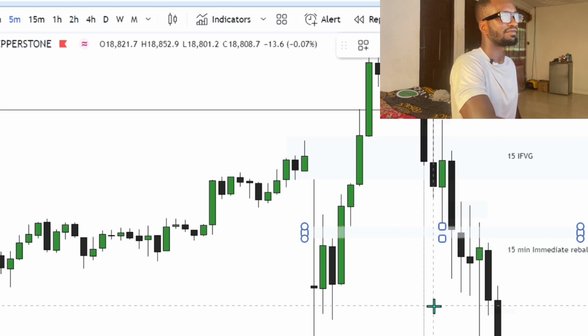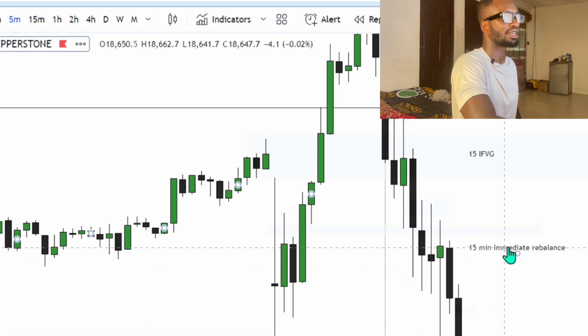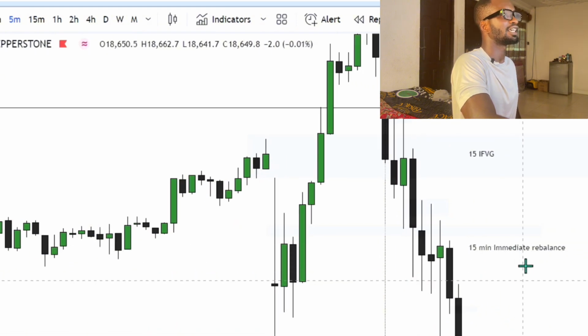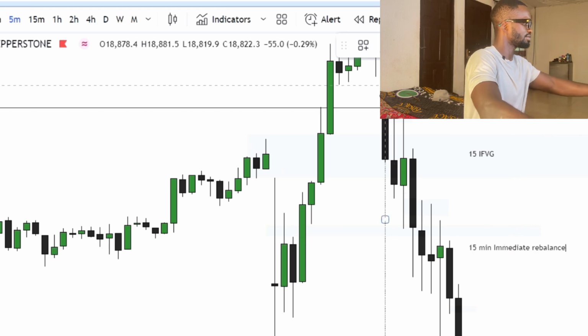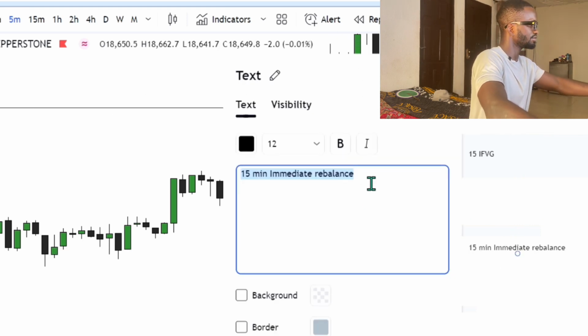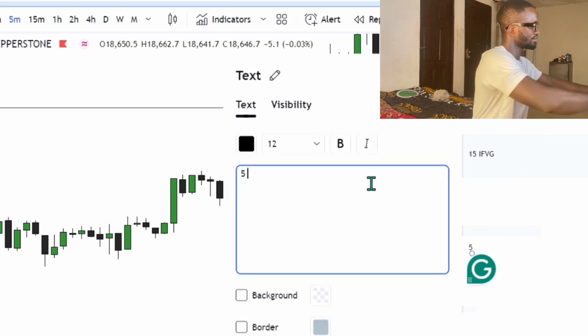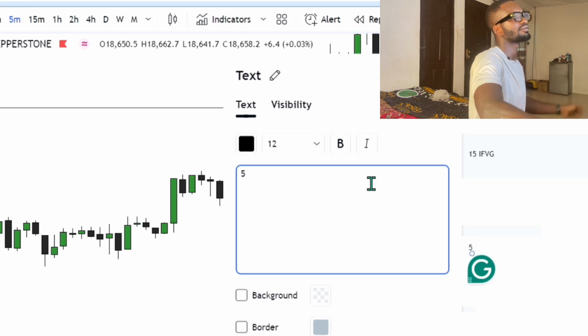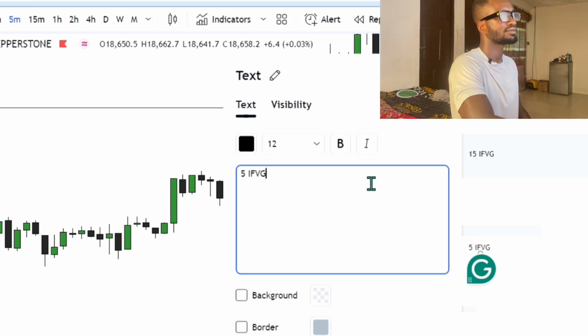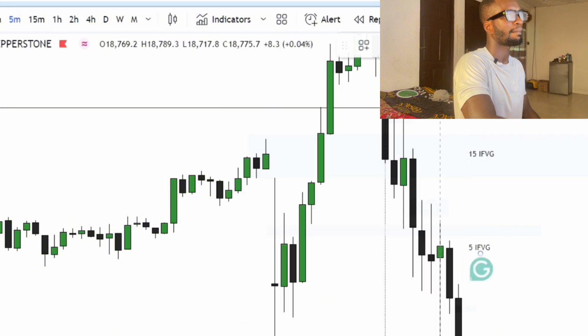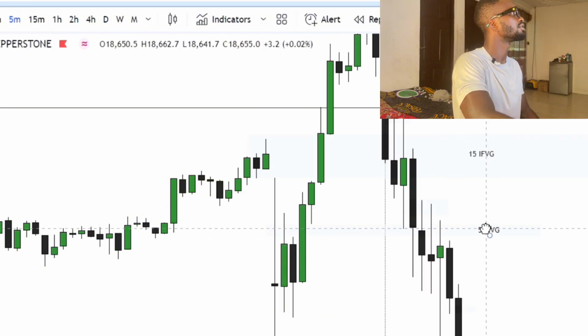That is another inversion fair value gap you can use to enter, and that is what I was looking at initially.